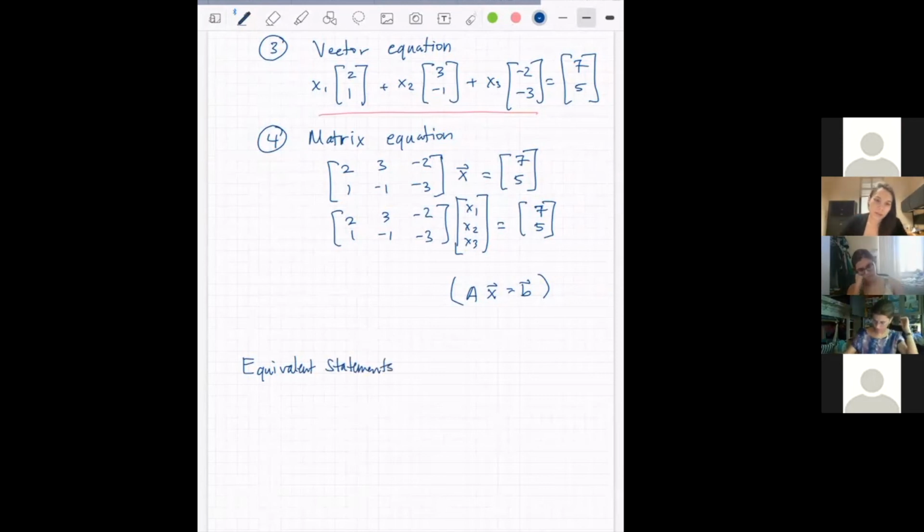And what equivalent means is, when we say equivalent in math, this means there are two options: either all the statements are true or all are false.